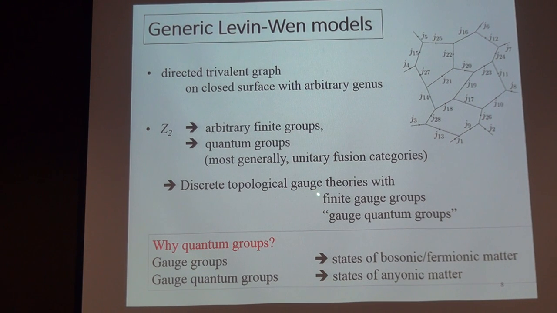So why generalize to quantum groups and more general unitary fusion categories? Because it's a natural language, a natural structure to describe the states involving the anions, the anionic matter.